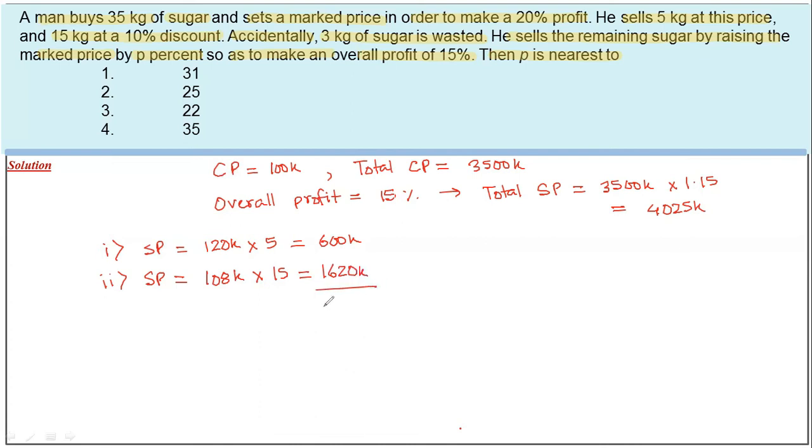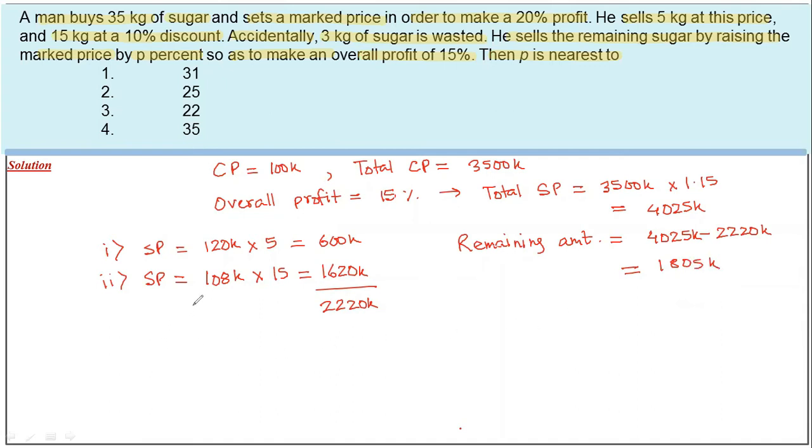Now this total is 2220k. So the remaining amount is 4025k minus 2220k, equal to 1805k.